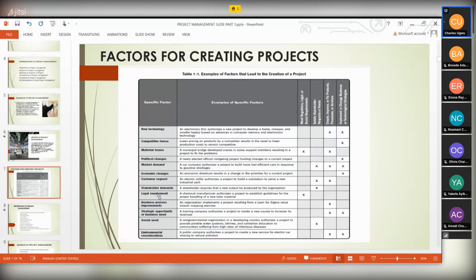For instance, in the UK or in the EU, there was a time there was this issue of data protection. There was not much legal requirement about data protection, but over the years, this issue of GDPR came up, where companies need to protect service users' data.